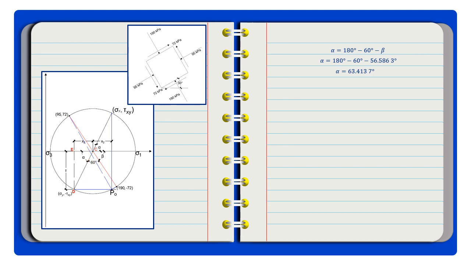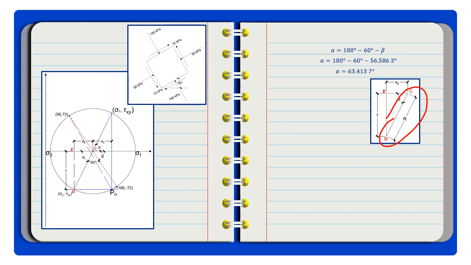So, extracting the triangle CDE, we can produce this triangle. So, we note it as radius R, yung hypotenuse niya, then yung length ng segment EC is x sub 2, and yung vertical or yung height ng triangle natin is the tau or the tau xy. So, makukuha agad natin yung tau xy na to through the sine function since that is opposite of the angle alpha.